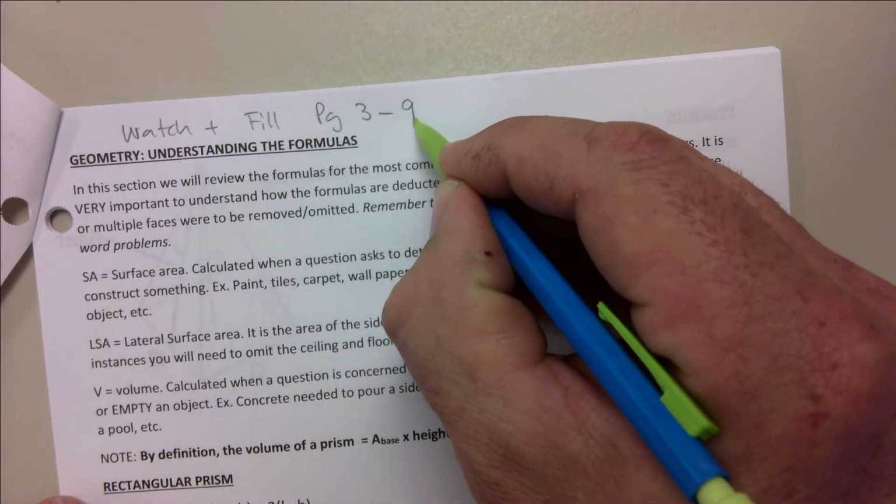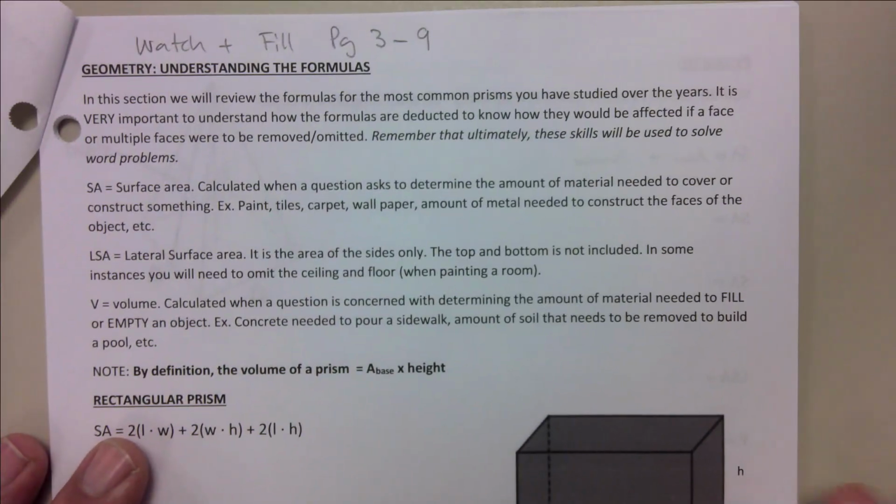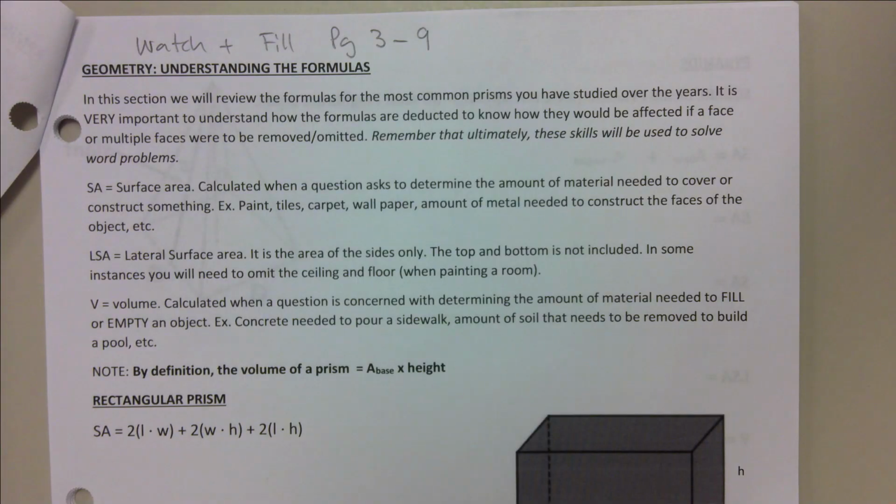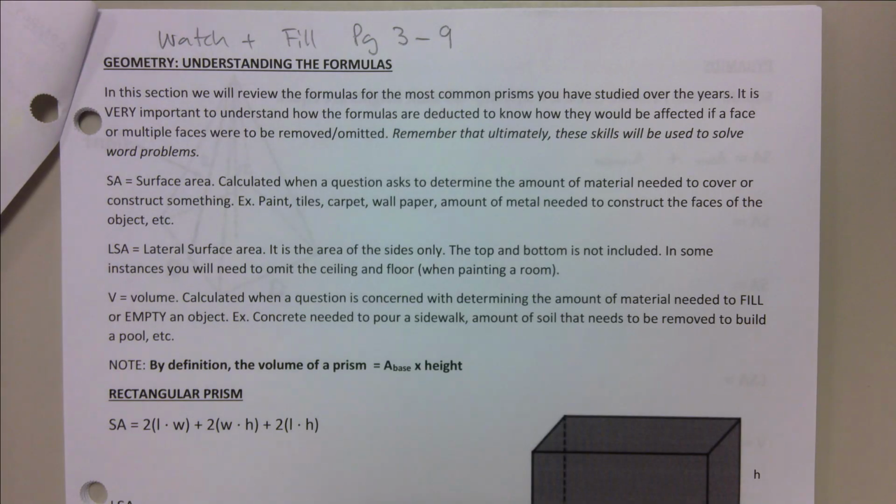I know. And this is why. I'm going to tell you 2 reasons why. Technically, this course assumes that you know all your formulas, that you just know how to find the surface area of a hemisphere, which is half a sphere, how to deal with a pyramid, a cylinder. They expect you to know that, but I know that you haven't done it in a while, okay? So I need you to review that.